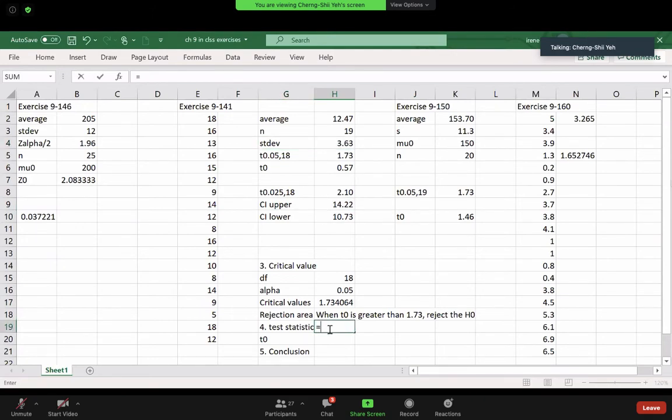If you recall, our t statistic, the numerator was sample average, subtract what we believe the population mean is, 12 days. The denominator is sample standard deviation divided by square root of my sample size, 19.